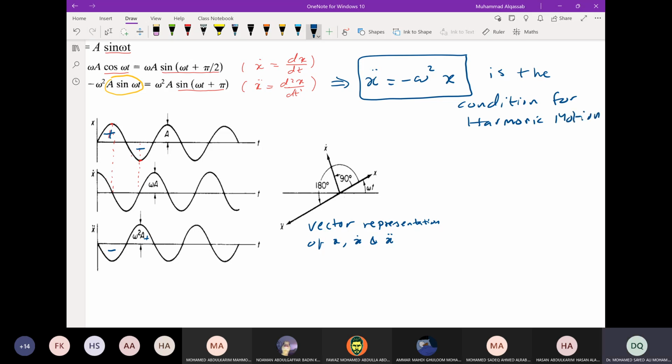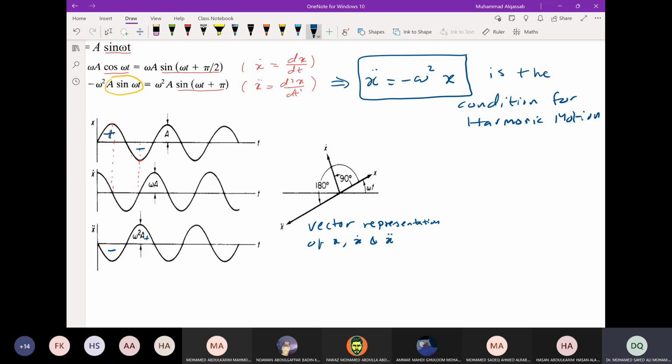So all periodic functions, harmonic belongs to periodic functions or motion and should satisfy this condition. Not all periodic functions satisfy this condition, that the second derivative of the original motion is directly proportional with the negative motion.